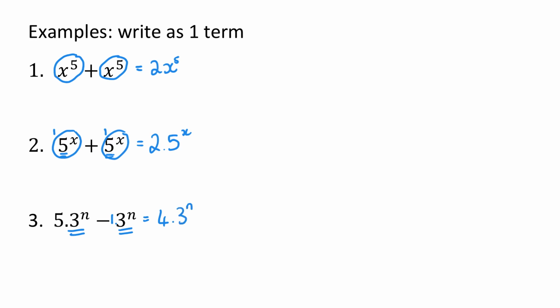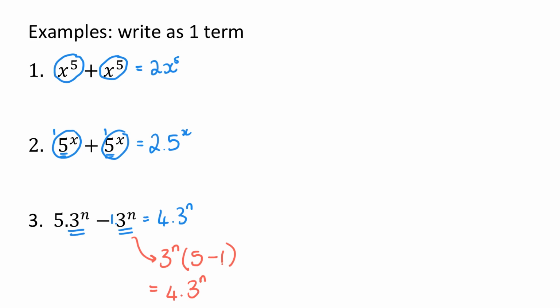Now what we're going to look at next is how to factorize questions like this. A different way I could write this is to use 3 to the power of n as my common factor. The first term will be 5 in the bracket, and my next term will be 1 in the bracket, and that simplifies to 5 minus 1 is 4 times 3 to the power of n.